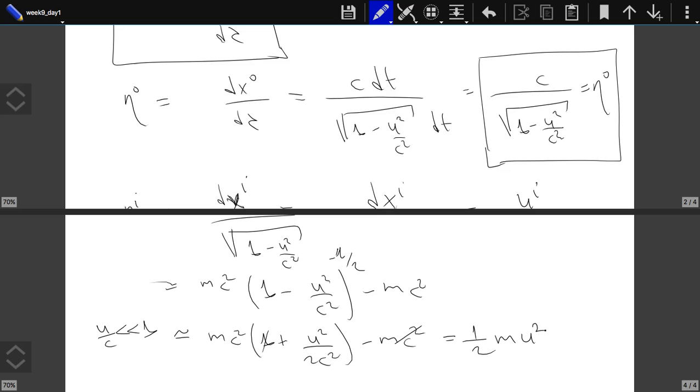Now, the definition of potential energy in relativistic frameworks is always problematic. It's hard to define a consistent potential energy. So that's why we will be avoiding defining potential energy. So here there's no external force acting on the object, there's no potential energy, etc.